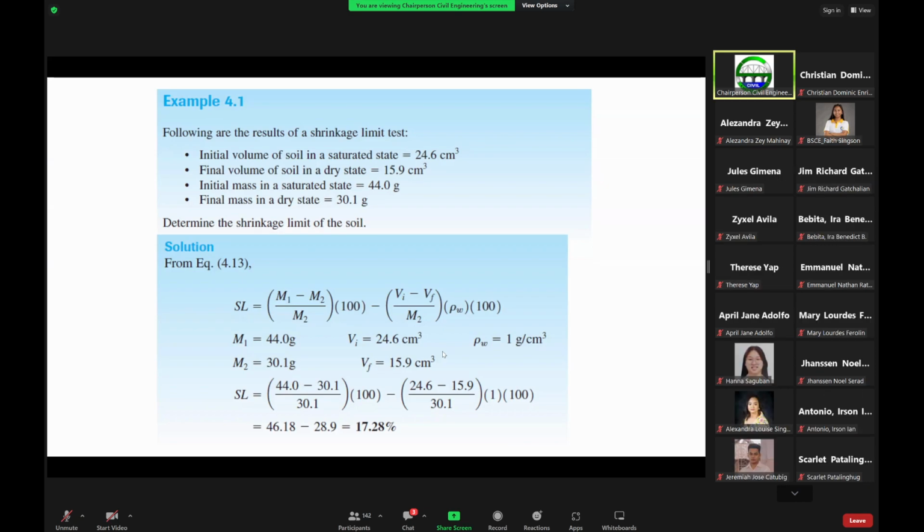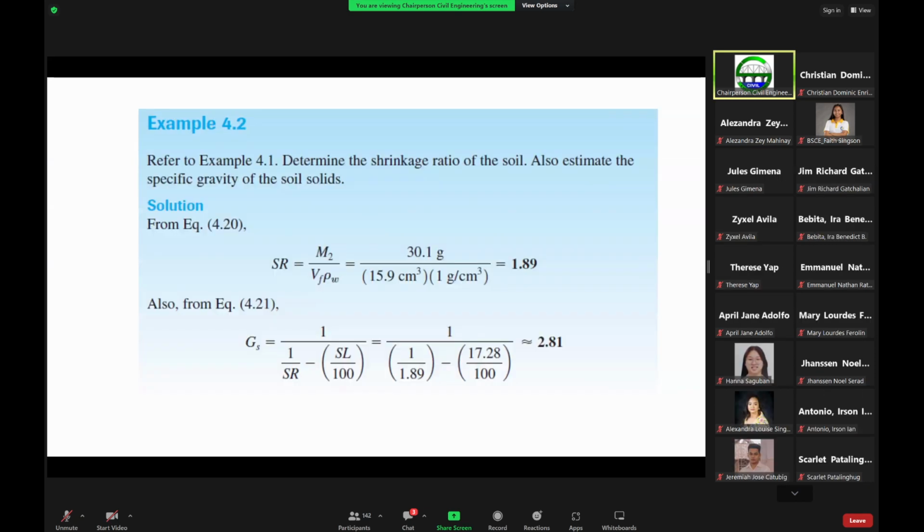Considering the same data, we are also asked to determine the shrinkage ratio of the soil, and also estimate the specific gravity of the soil solids. If we recall, this is the formula for the shrinkage ratio, which is the final mass over the final volume multiplied by the density of water.